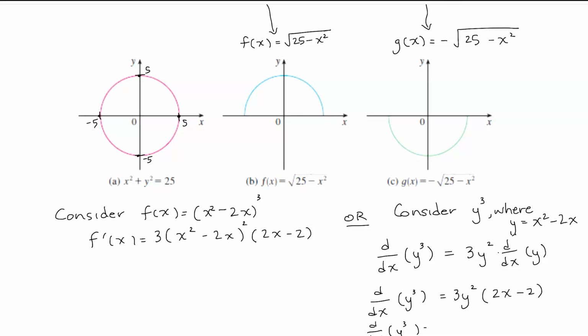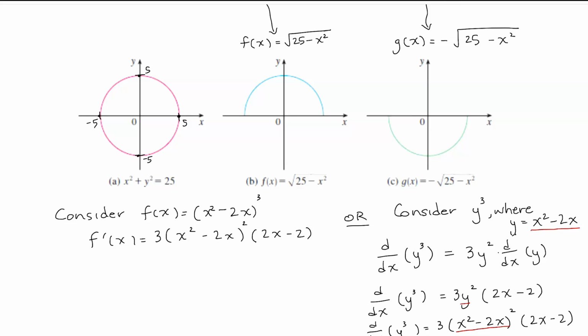If we substitute back in for the y, we get 3 times y, which is x squared minus 2x, squared, times 2x minus 2. So the substitution of y has been put in at the end.